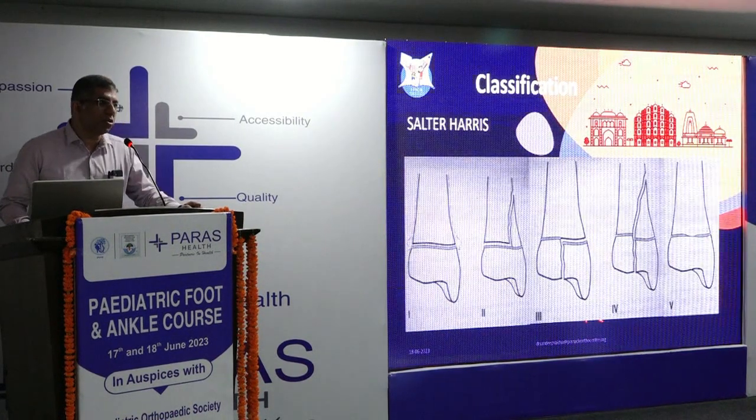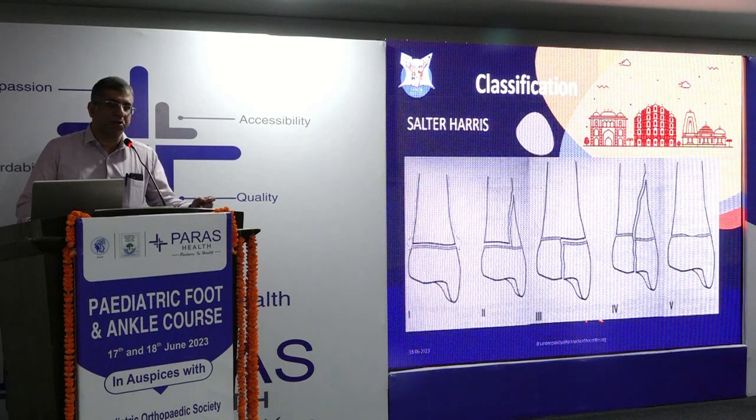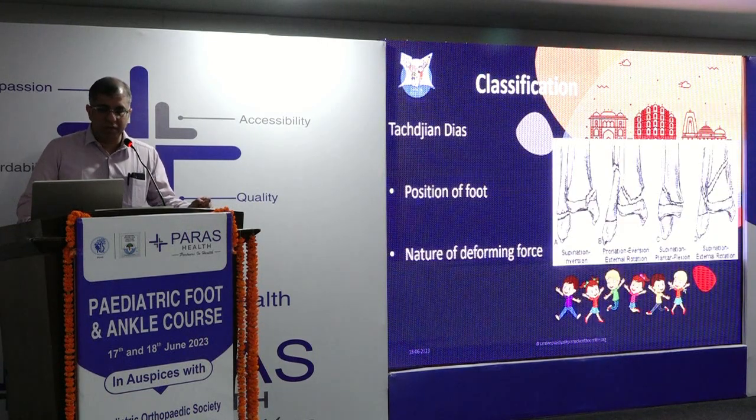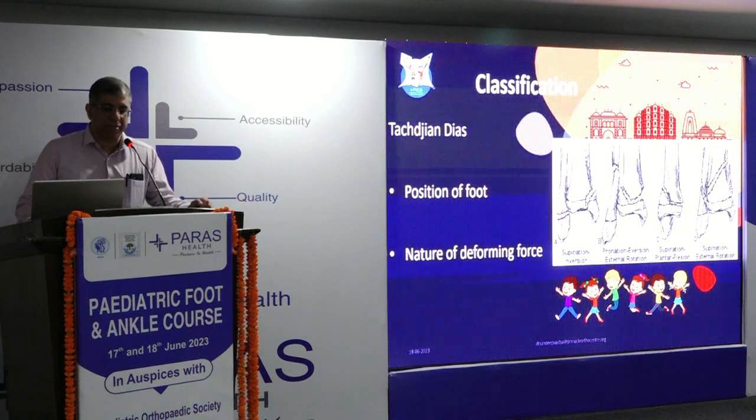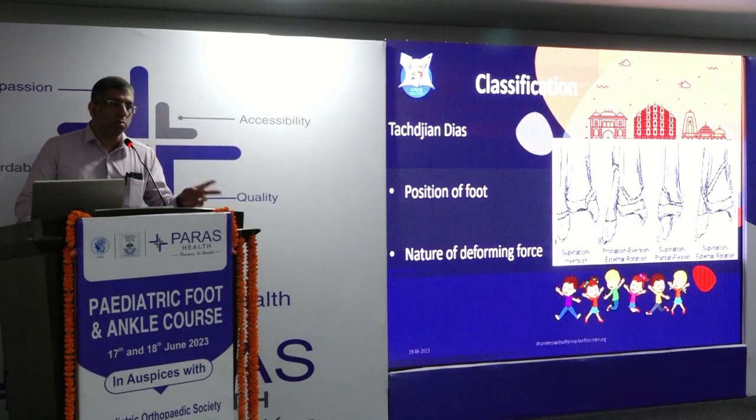So the classification of distal tibia physeal fractures, you can do this by the Salter-Harris classification, which is a generic classification for all physeal injuries. But the classification that is specifically used for distal tibia physeal injuries is the Dias-Tachdjian classification. Now you can see that there are 4 categories of injuries in this classification, and there are 2 terminologies in each category.